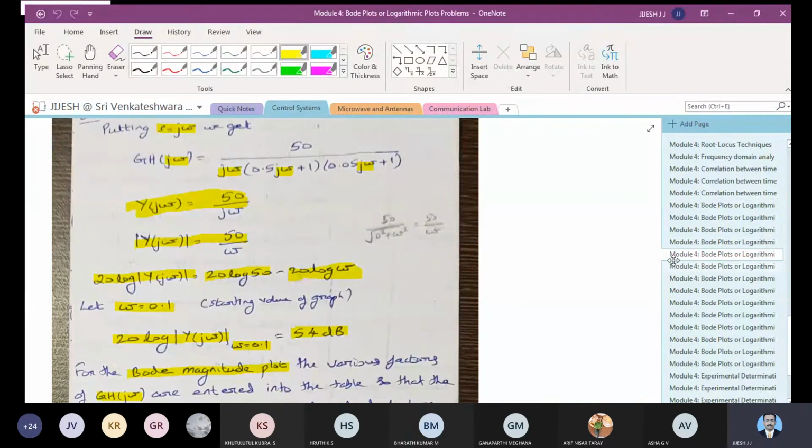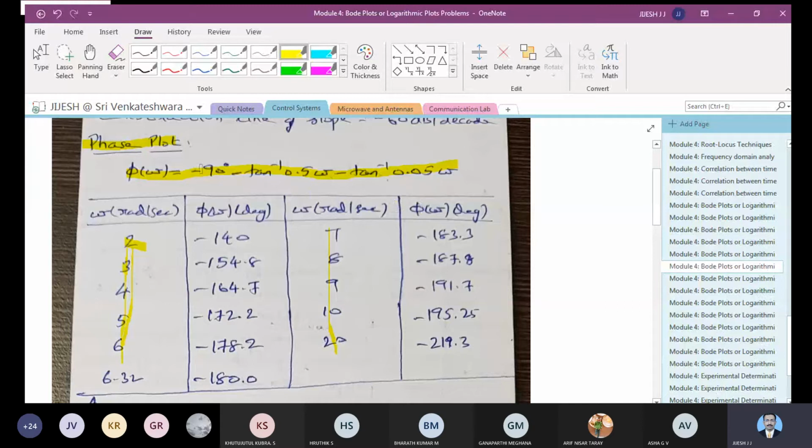So your equation will come in this form: minus 90 minus tan inverse of 0.5 omega minus tan inverse of 0.05 omega. So you have to substitute the value of omega. Omega values are to be assumed. It's not necessary that you have to take 2, 3, 4, 5, 6 like that. You can take any value, and the corresponding phi value needs to be calculated.